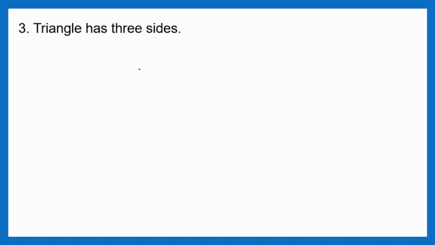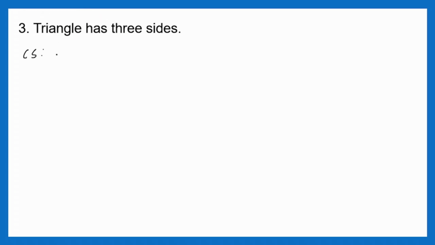Triangle has 3 sides. Alright, so try natin kung mag-work dito ang if-then na dagdag, na singit. Okay, conditional statement muna. If triangle, pakinggan nyo kung okay to. If triangle, then has 3 sides. If triangle then has 3 sides, parang may mali. Diba?